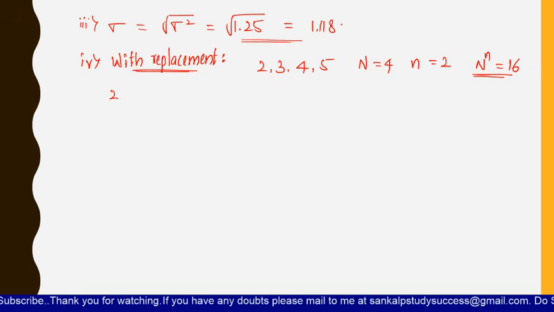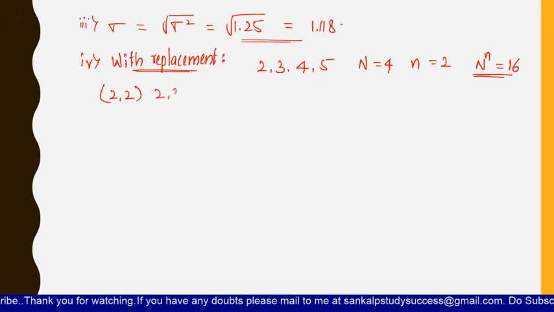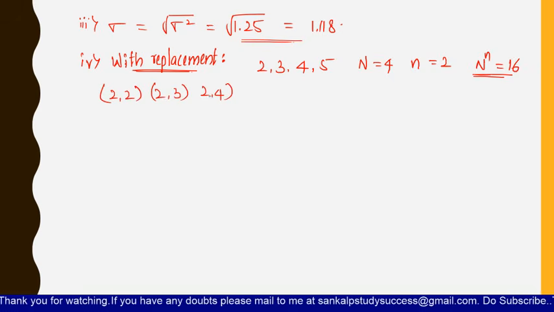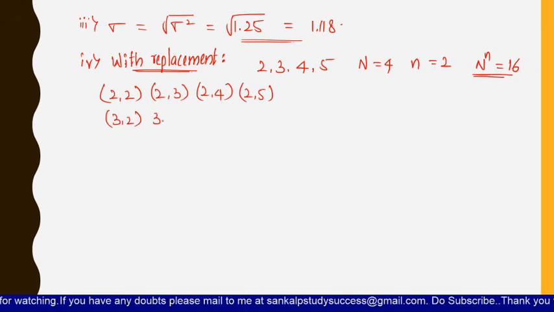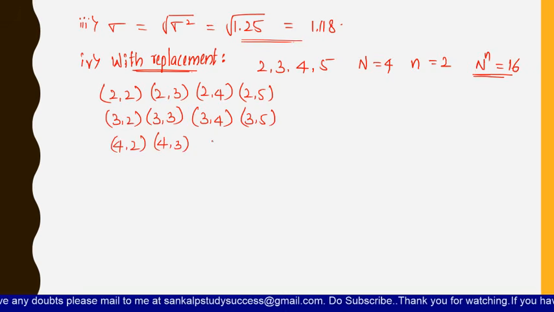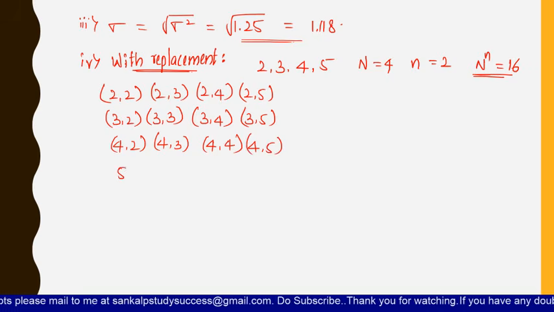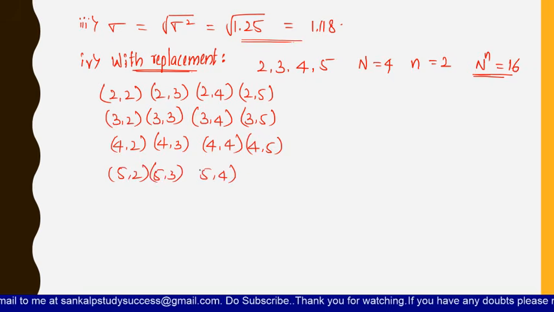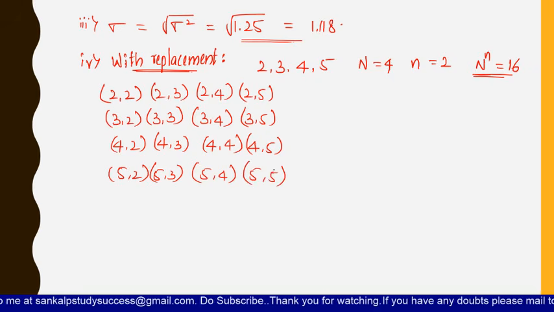What are those possibilities? Let us write here: 2,2; 2,3; 2,4; 2,5. Again 3,2; 3,3; 3,4; 3,5. Now 4,2; 4,3; 4,4; 4,5. Then 5,2; 5,3; 5,4; 5,5. So these are the 16 possibilities with replacement.